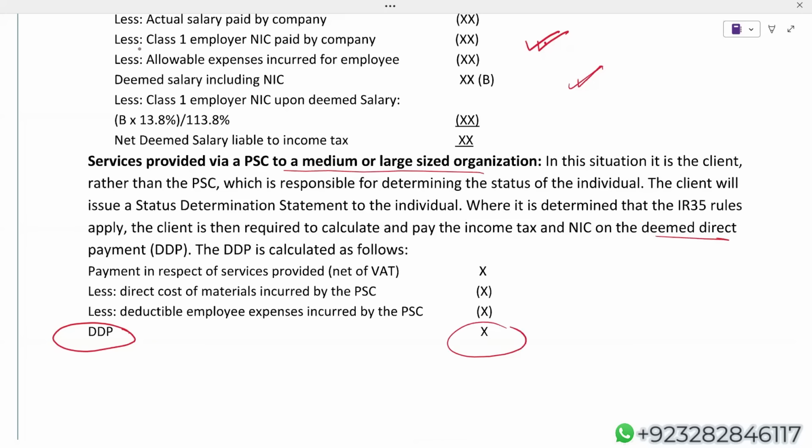Service provided by a personal service company to a medium or large size organization: in this situation, it is the client rather than the personal service company which is responsible for deciding the status of the individual. The client will issue the status determination statement to the individual, where it is determined that the IR 35 rule applies. The client is then required to calculate and pay income tax and NIC on the deemed direct payment.